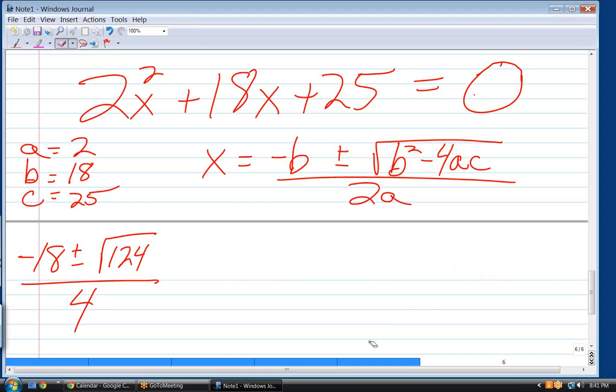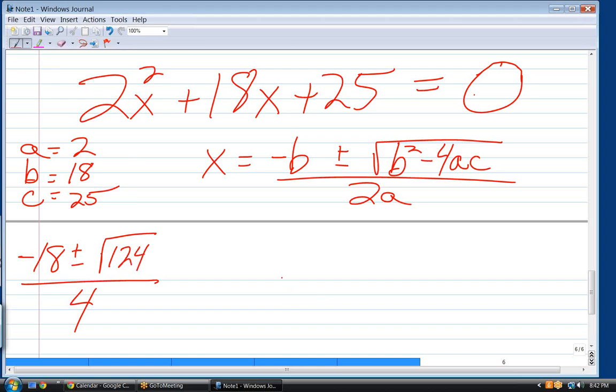Is 124 divisible by one of those perfect square numbers? I don't think so. Any number is divisible by 4 if the last 2 digits are divisible by 4. Oh yeah, so it's 31. 24 is divisible by 4. That means the whole number is divisible by 4.